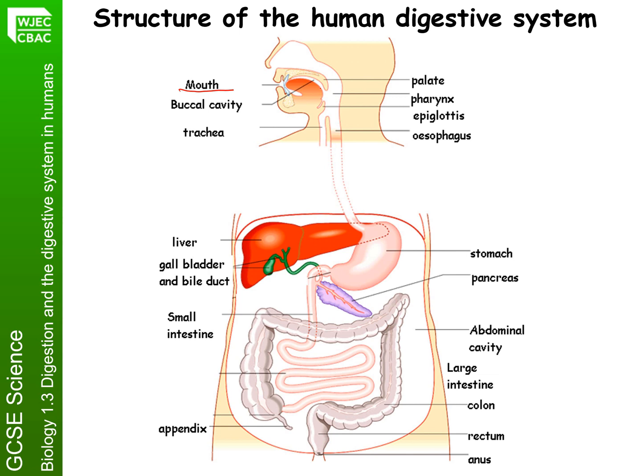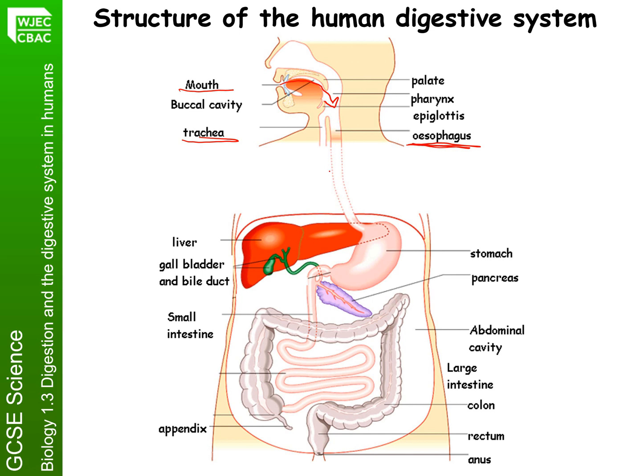So as food passes from the mouth, it goes down here, and you can see that this splits then into two tubes. The trachea, as we learned last unit, is where the air would be going down into the lungs, but food will be passing into the esophagus.